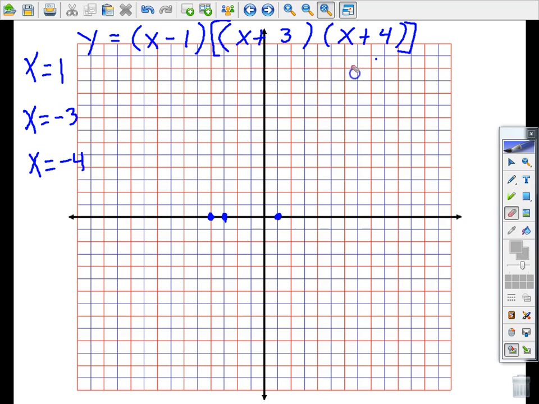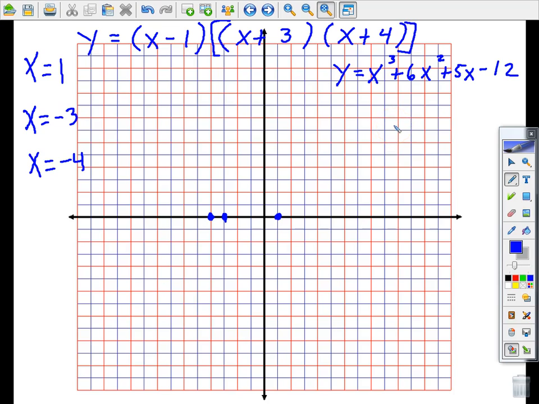Erase this. And we're going to put our standard form down. I'll just put it over here. Hannah, what'd you get for standard form? Y equals x cubed plus 6x squared plus 5x minus 12. Okay, who got that?